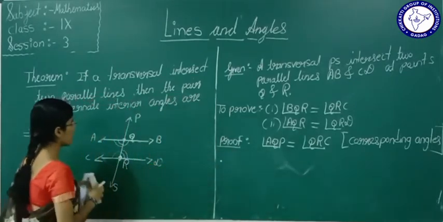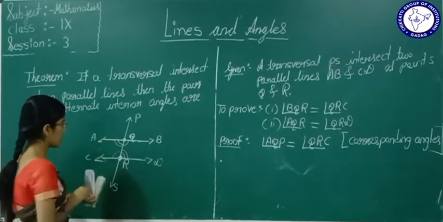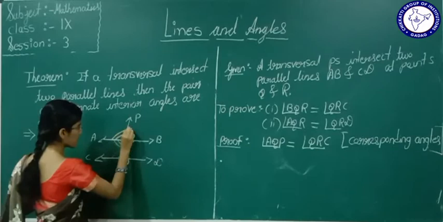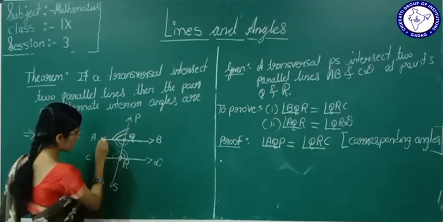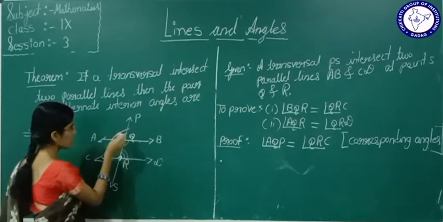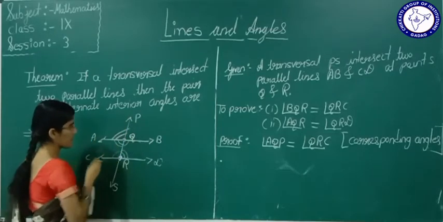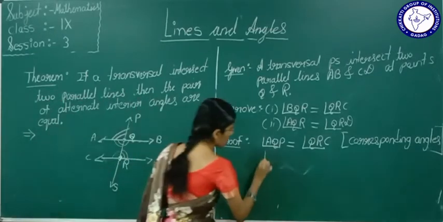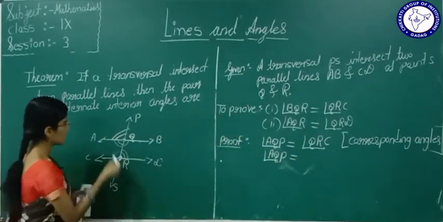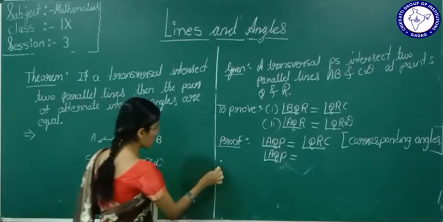Now see here, angle AQP: one line is there and this is one line. These two lines are intersecting at point Q. I will draw and show you.